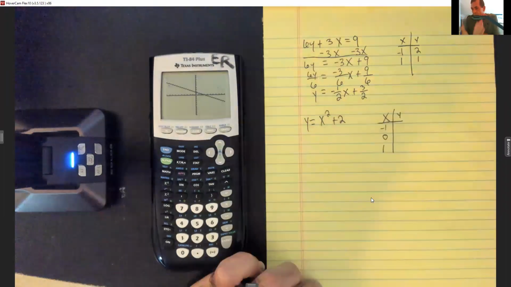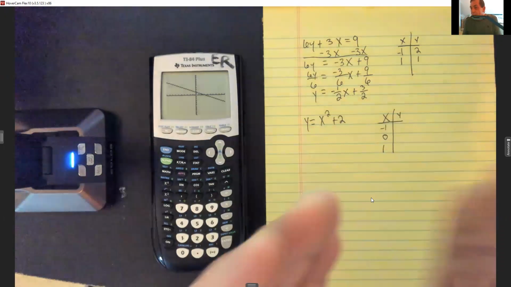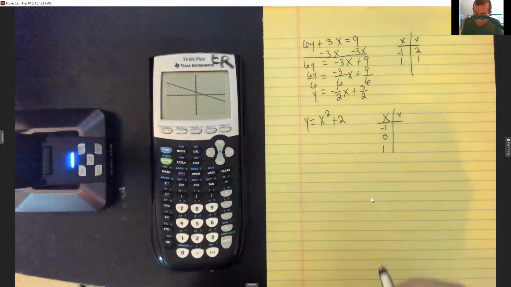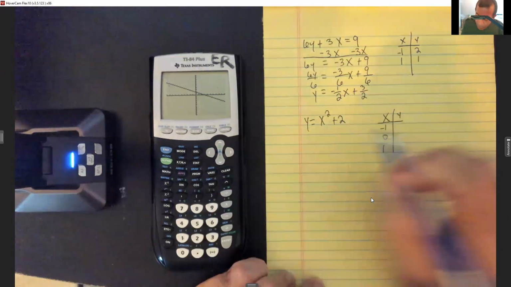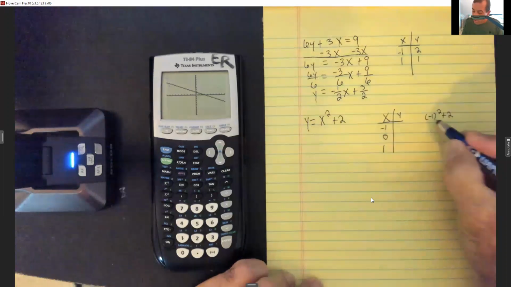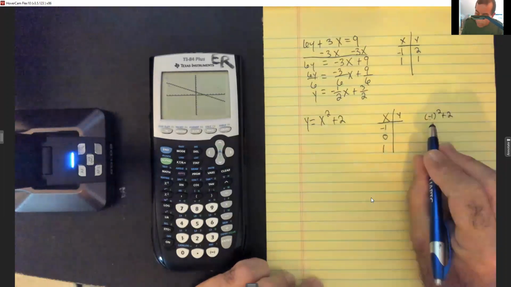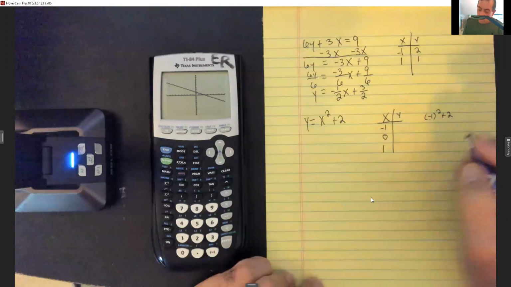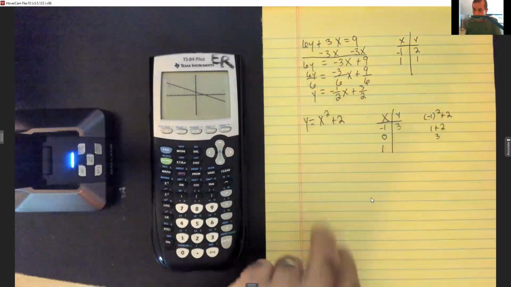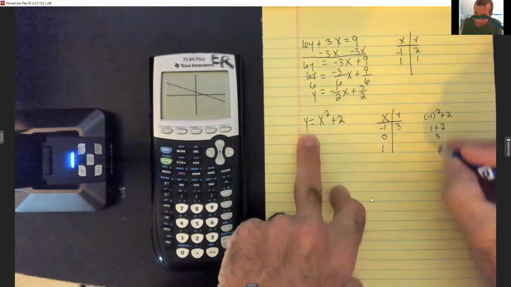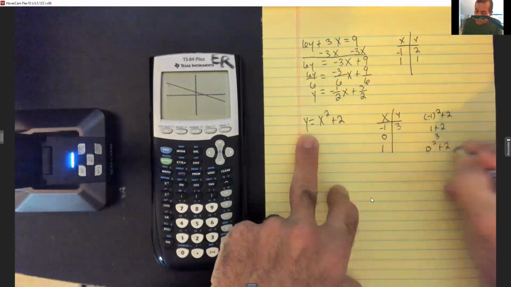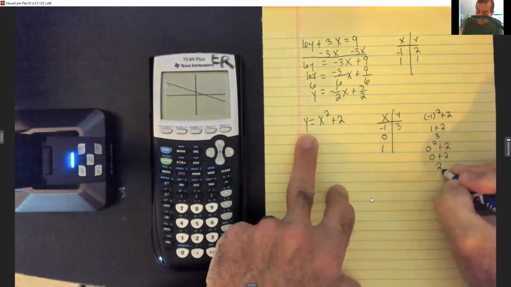That way you can get the vertex of that graph, because that's the first point we're going to have to graph on this. So if I put a -1 in, -1 squared plus 2, well, -1 squared will give me 1, and 1 plus 2 will give me 3. So when x is -1, y is 3. Then I'm going to put my 0 in. 0 squared plus 2 will give me 0 plus 2, which is 2.